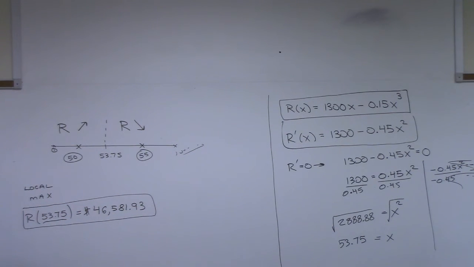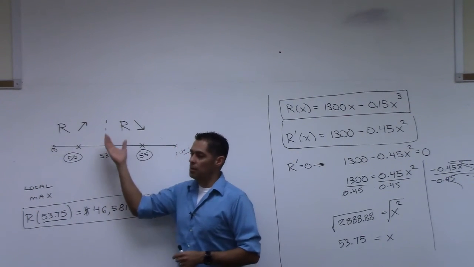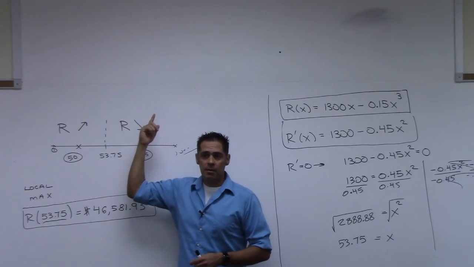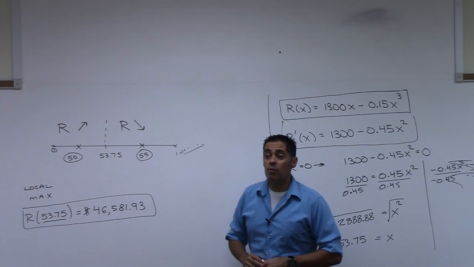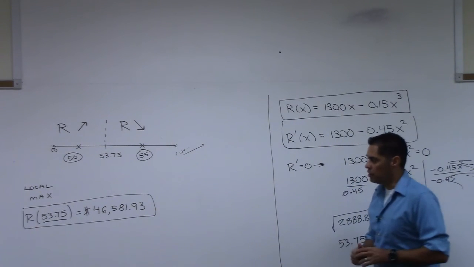Now, what about a local minimum? No, why? Look at your picture here. You never go down and back up, right? Never go down and back up. So you have no local minimum. Check it again. Redo it again. You should get that number.